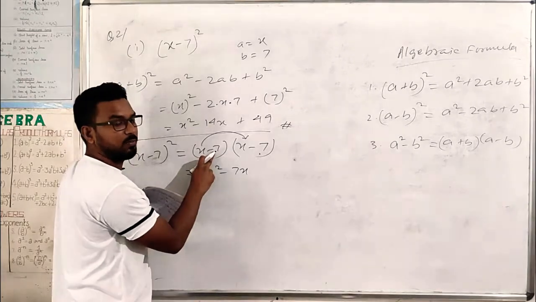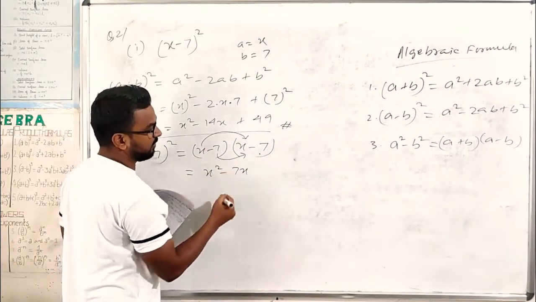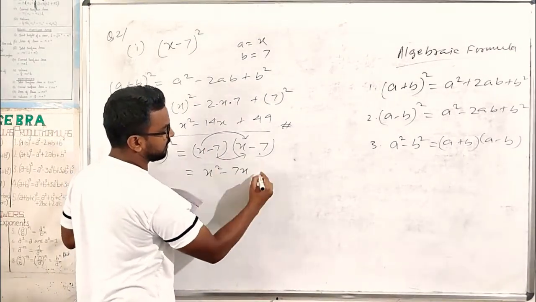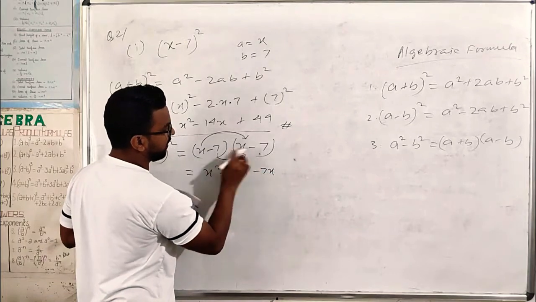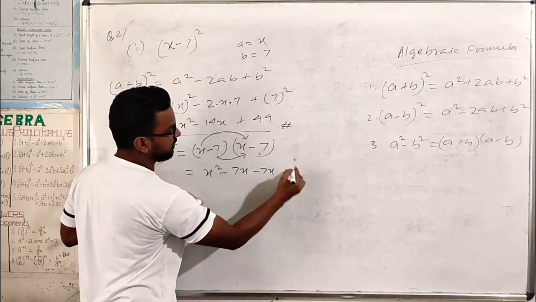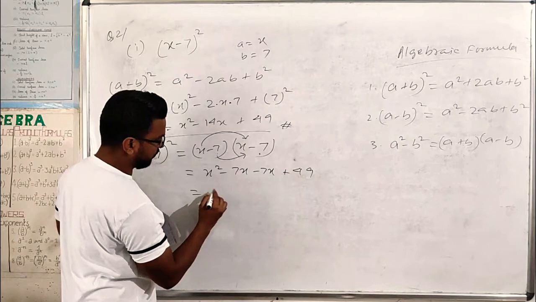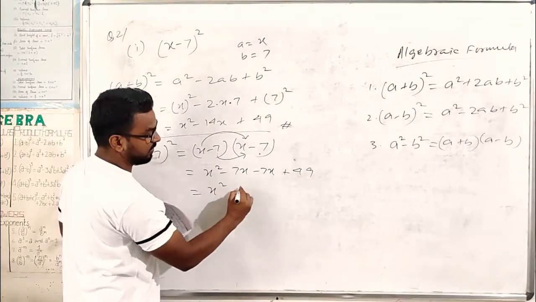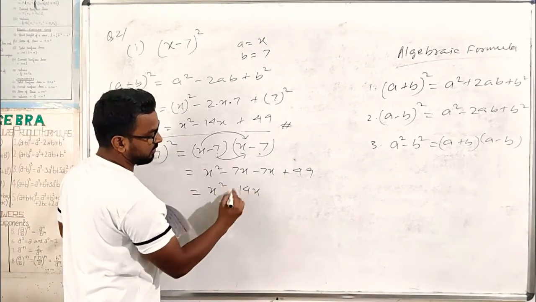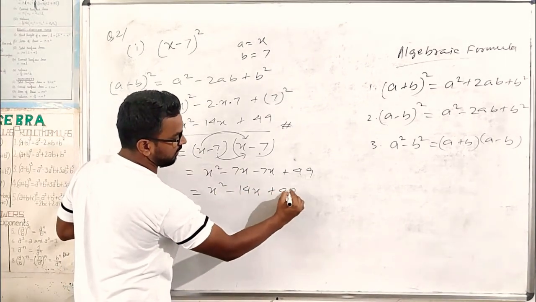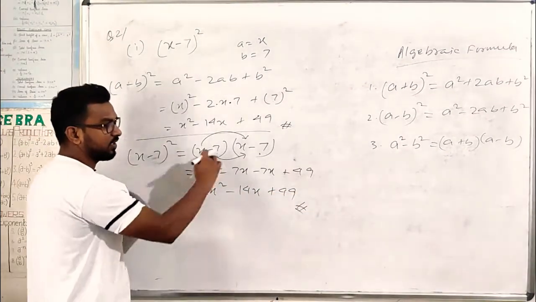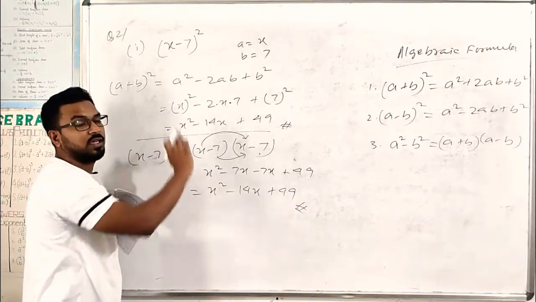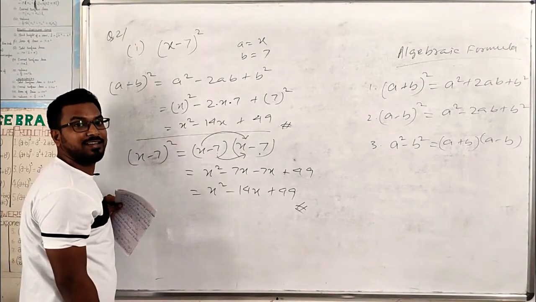Next we will multiply minus 7 with this term. So minus 7 into x, it will be minus 7x, minus minus will become plus, 7 7s are 49. So if you solve this one, you will get minus 7x minus 7x, that is 14x, the sign will be minus, and this will be 49. Okay, this is by direct multiplying and this is by using the identities.